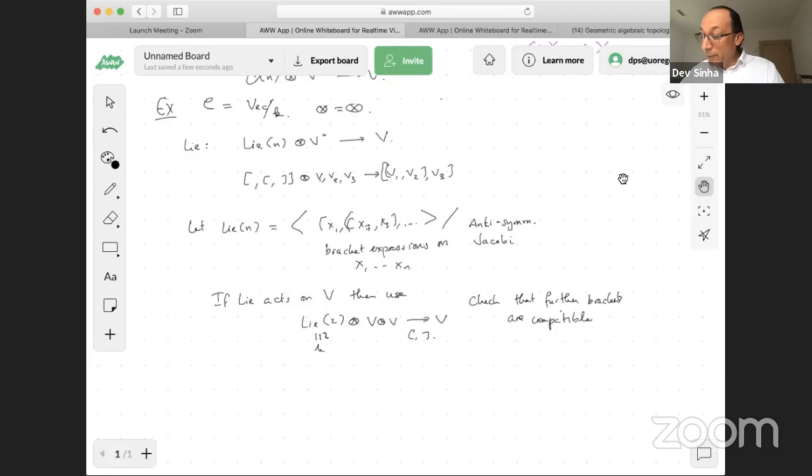So I haven't defined an operad, but it's a collection of spaces. They're equipped to have maps with the products, with the algebras that they're acting on.